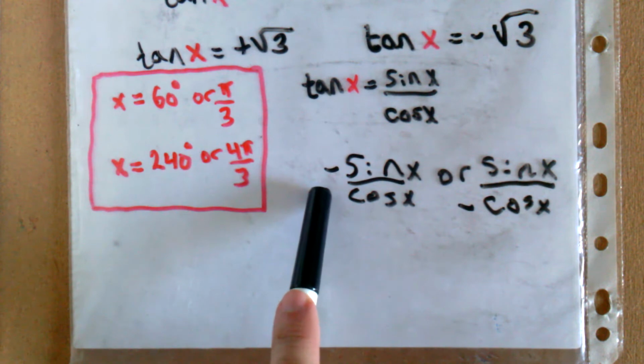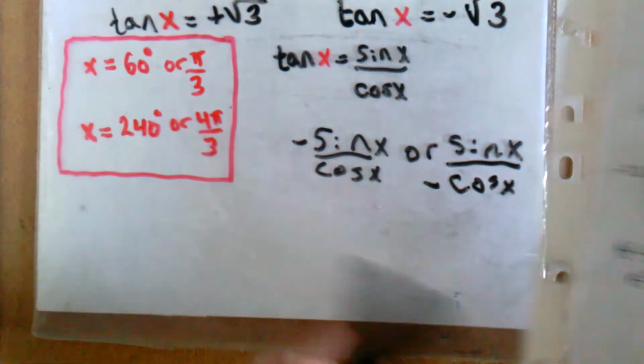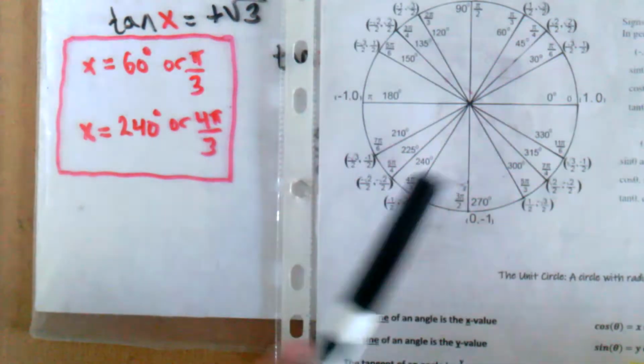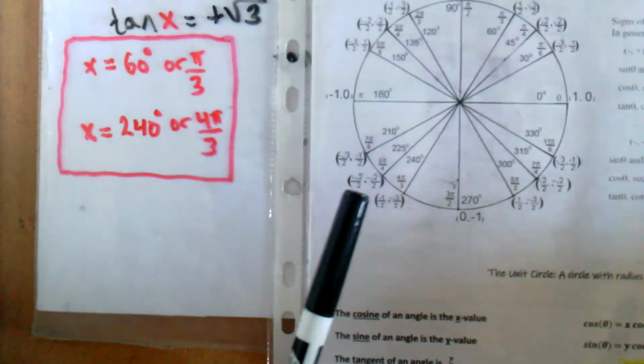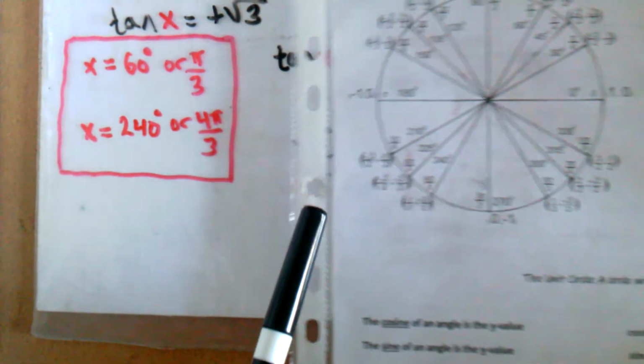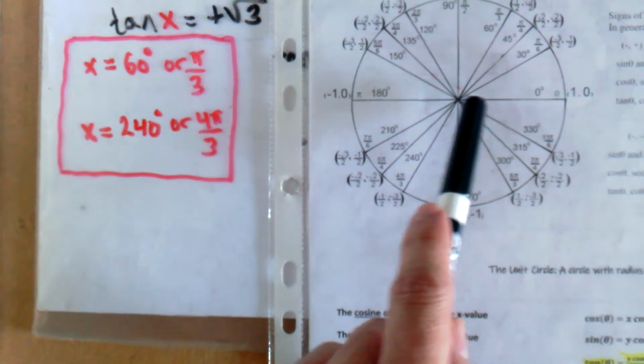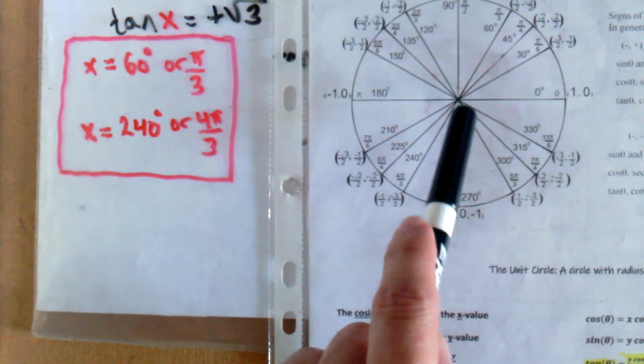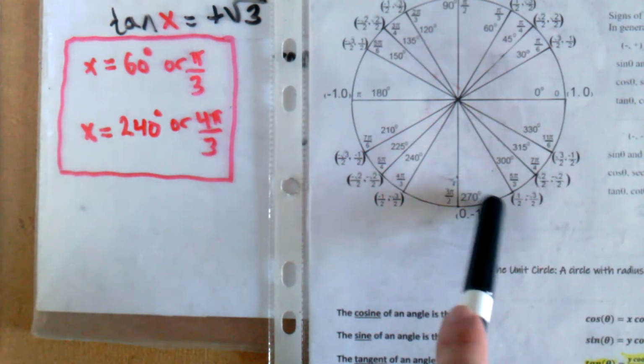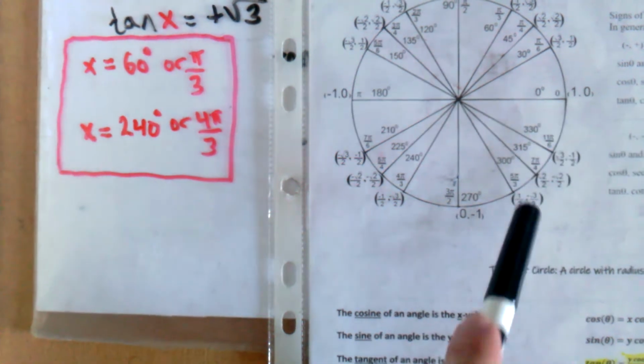Where will sine be negative and cosine be positive? Well, we know that sine is negative on the bottom half of the unit circle, and we know that cosine is positive on the right side of the unit circle. So that tells us we must be in quadrant 4, where sine is negative and cosine is positive.